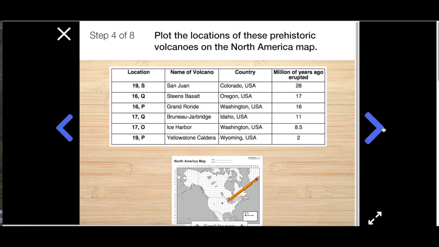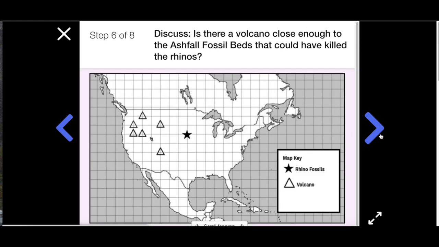Okay, are you done graphing your volcanoes and putting them on your map? Let's keep going. So now that you've got all your volcanoes mapped, pause and think or discuss with someone near you. Is there a volcano close enough to the Ashfall fossil beds that could have killed the rhinos?